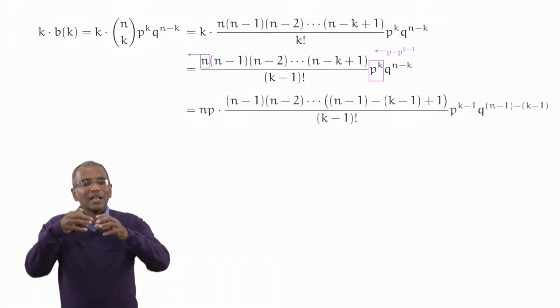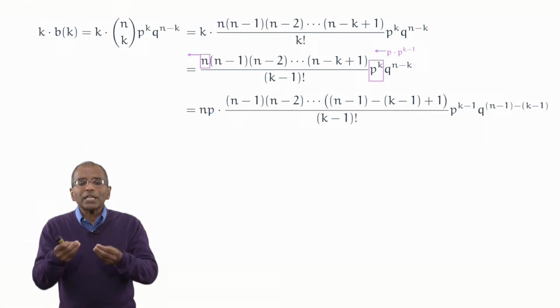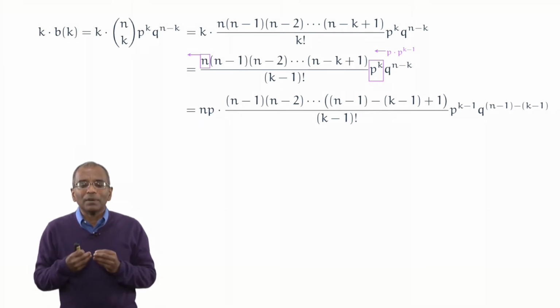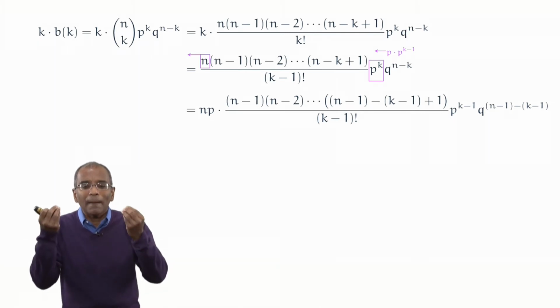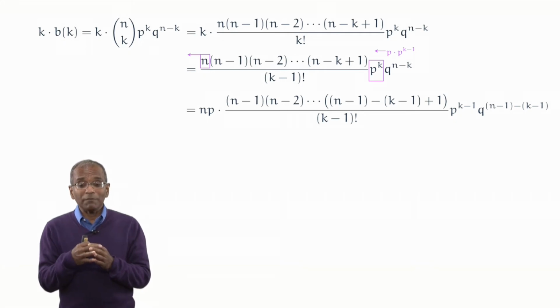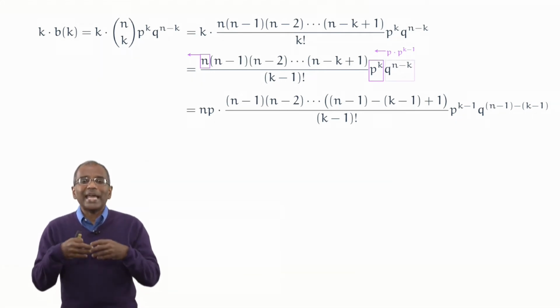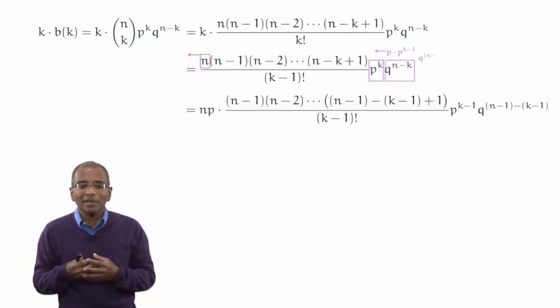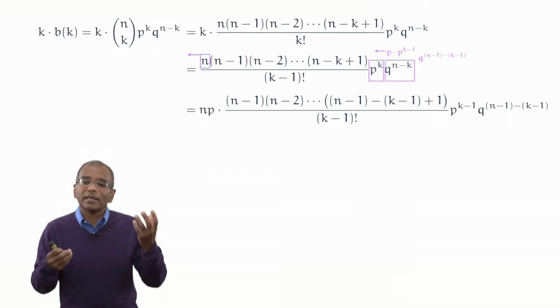Notice I've replaced the last term, n minus k plus 1, by simply subtracting 1 and adding 1 back into the term to make the dependence on n minus 1 and k minus 1 manifest. Then I've got p to the power k minus 1, and finally a power of q, which I can decompose by again subtracting 1 and adding 1 and writing it as q to the power n minus 1 minus k minus 1.